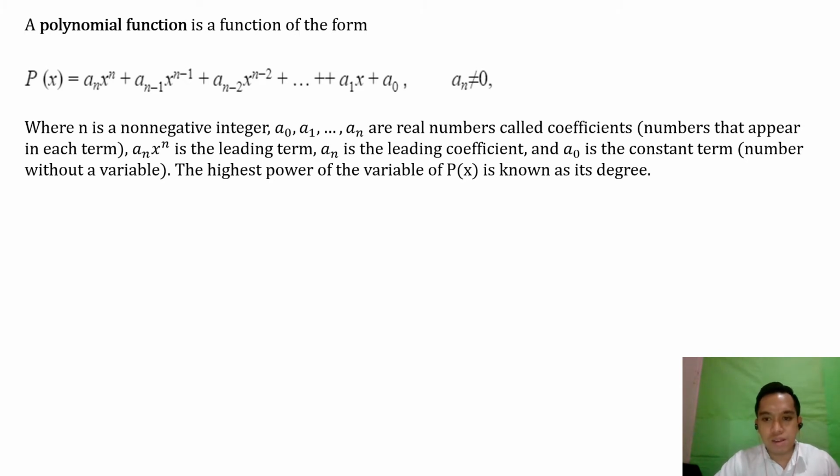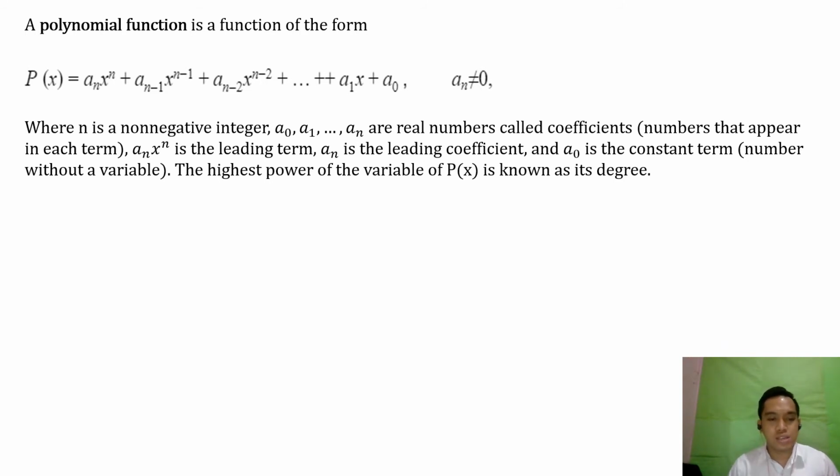So, a sub 0 is the constant term, number without a variable. Yung nasa pinakadulo. The highest power of the variable of p of x is known as its degree. Okay? So, yung exponent ng ating leading term, yun yung ating degree. Kasi yun yung pinakamalaki na exponent sa ating polynomial function.